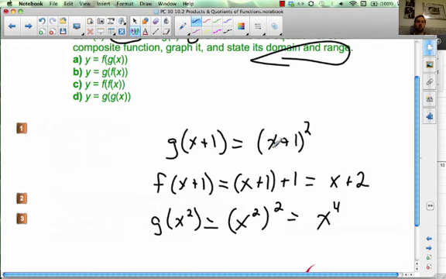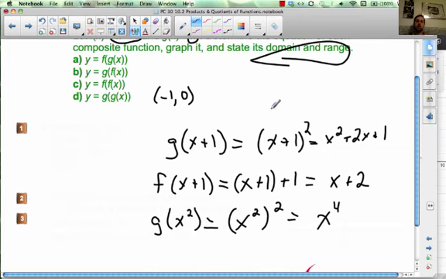The domain and range of this one. This is also a quadratic. If we expand this, we end up with x squared plus 2x plus 1. So this is also a quadratic. Now it's going to have a vertex at -1 and 0, and it opens upward.